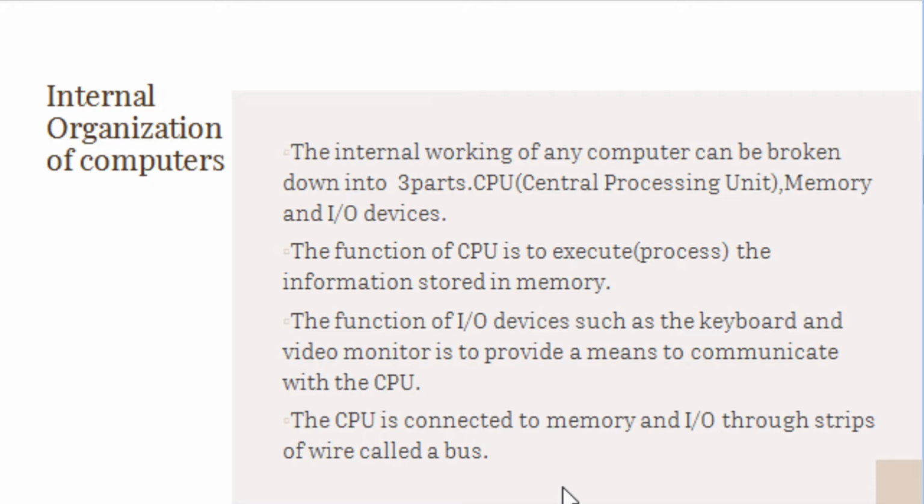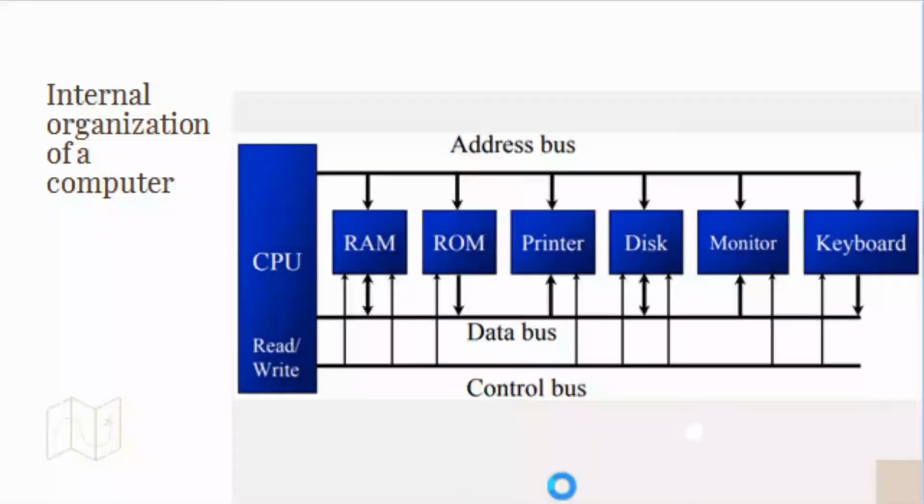The CPU is connected to memory and input-output through strips of wire called buses. In this diagram, a CPU is shown and the other units are the two different memories and different other input-output devices.